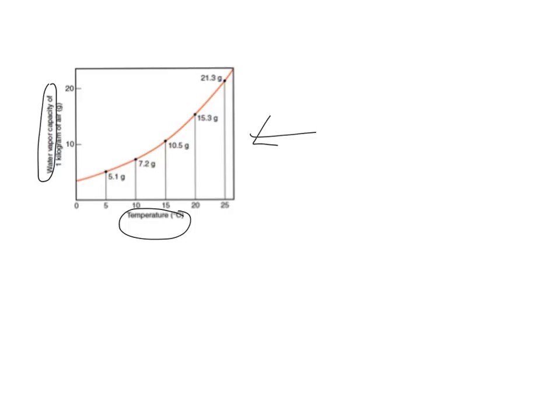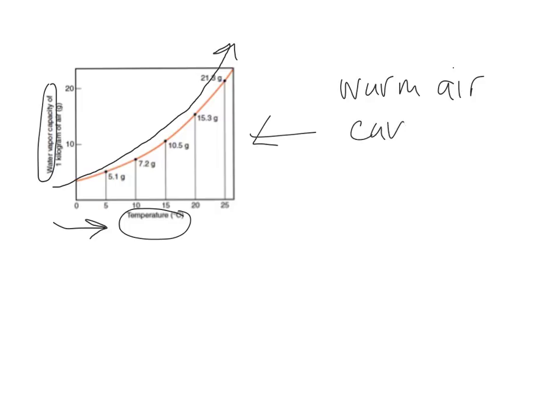So as temperature begins to increase, so does the ability of air to hold water. This goes back to one of those main points: warm air can hold more moisture.